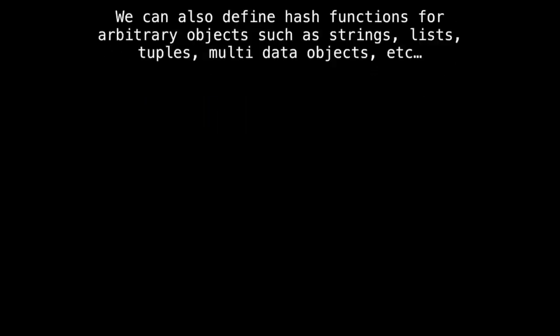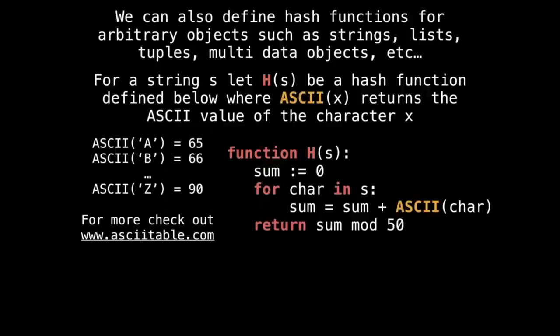So we can also define arbitrary hash functions, not just on integers, but on arbitrary objects, which makes this really powerful. For instance, suppose we have a string s, and we're going to say h of s be the hash function that I've defined below. So this hash function, all it does is it sums the ASCII values of the characters within the string, and then at the end says modulo 50.